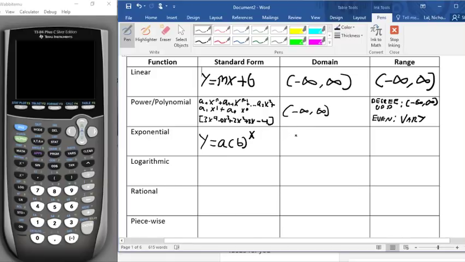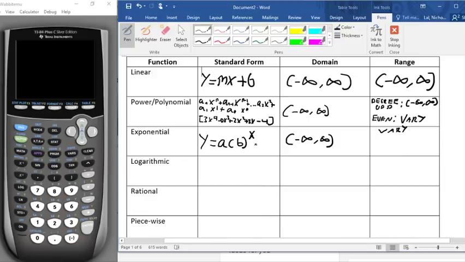The domain of an exponential function is going to be from negative infinity to infinity, and the range of an exponential is going to be the vertical shift to infinity. So the range will vary.